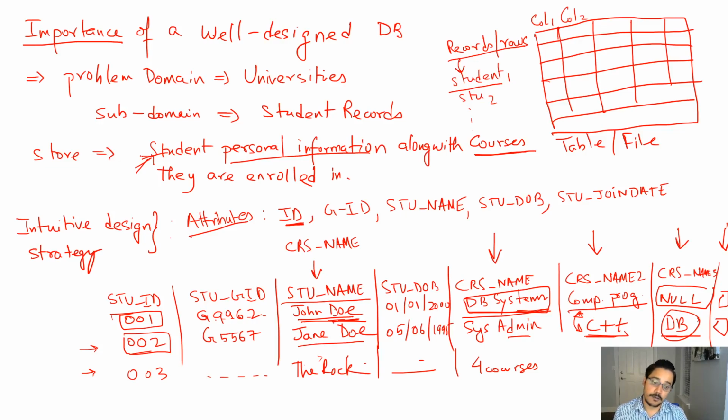There could be other problems, let's say if a professor introduces a course, right? And let's say that course name is some special topic. So there is a special topic course on, let's say, security, right? From the university's perspective, we want to keep this course on record, but none of the students have registered for it, right?